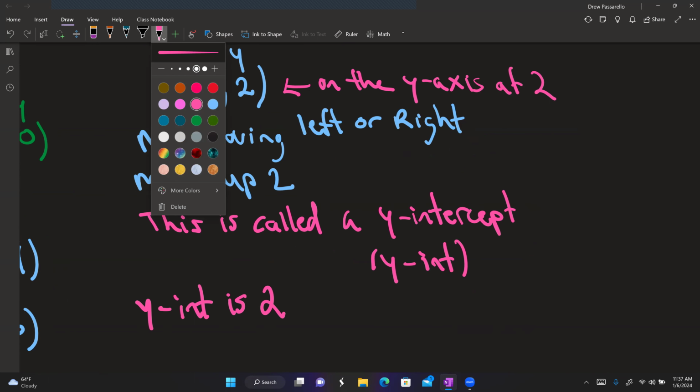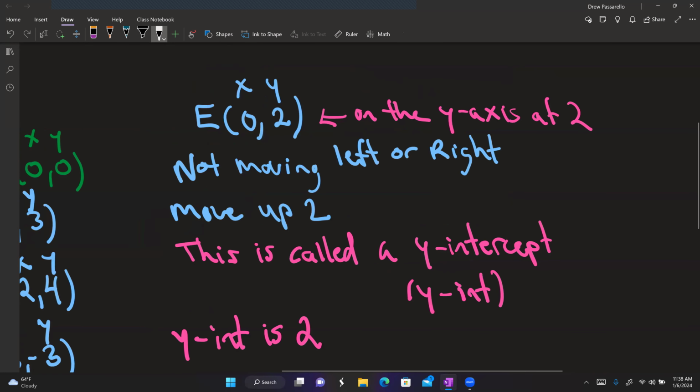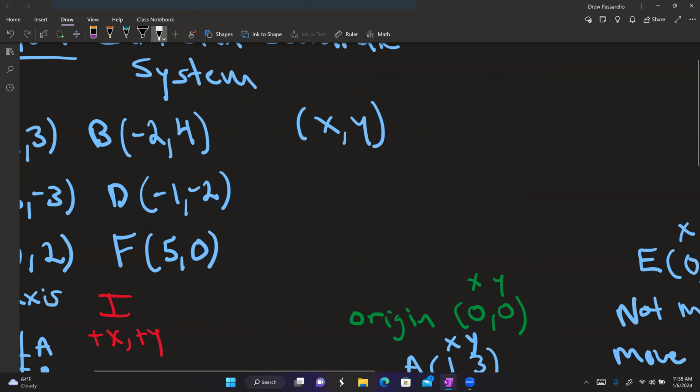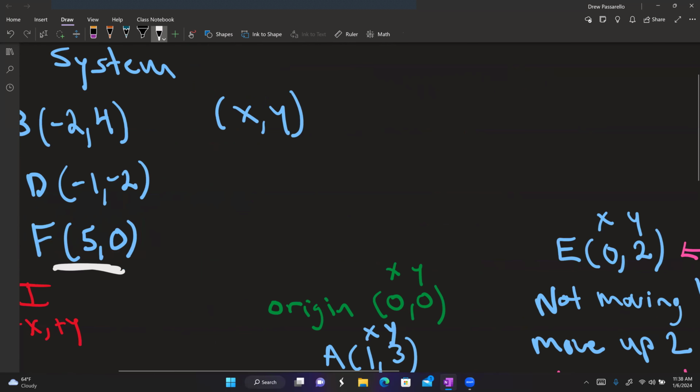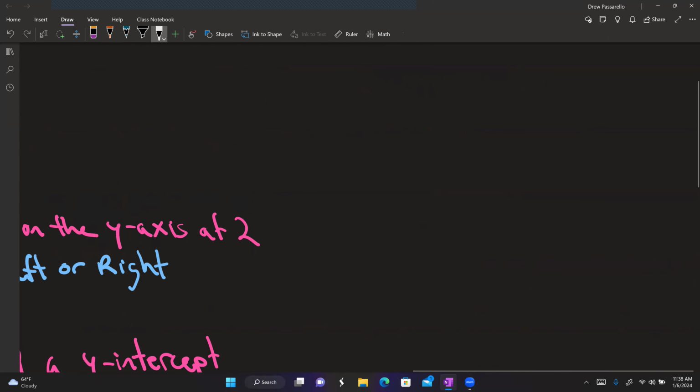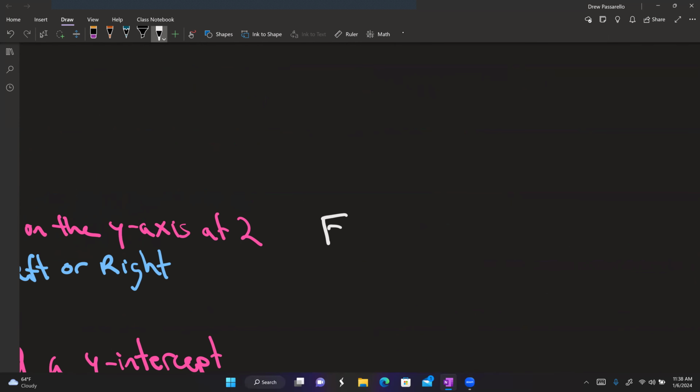All right, now the other point, the last point, I'll use a different color for that as well. I'll just use white. So the last point I haven't done is this one, point F, and it's 5, 0. So its x component is 5, y component is 0.